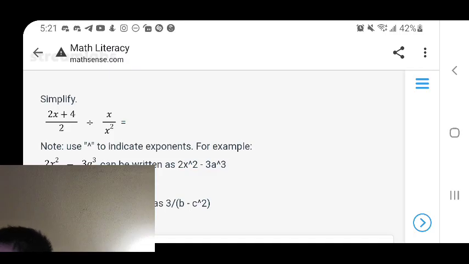I factor the 2 out before doing this division. It's just x plus 2. Yeah. Yep. X plus 2 divided by x over x squared.